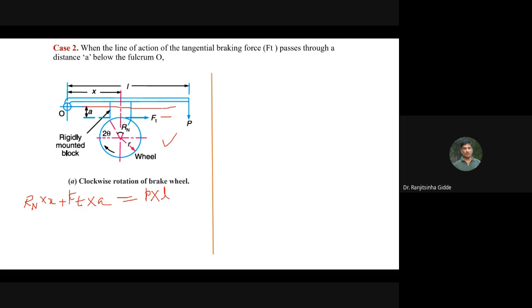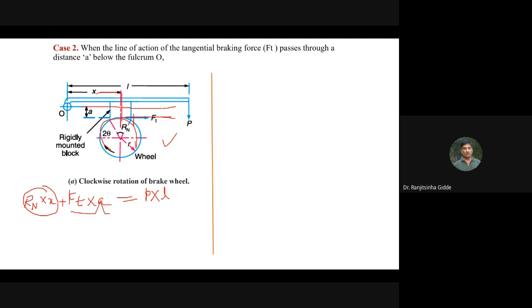So this Rn into x, that we have written here. Again, in the direction of rotation, this Ft is in this direction.